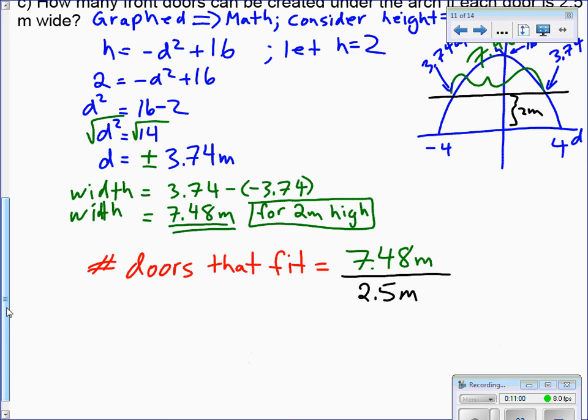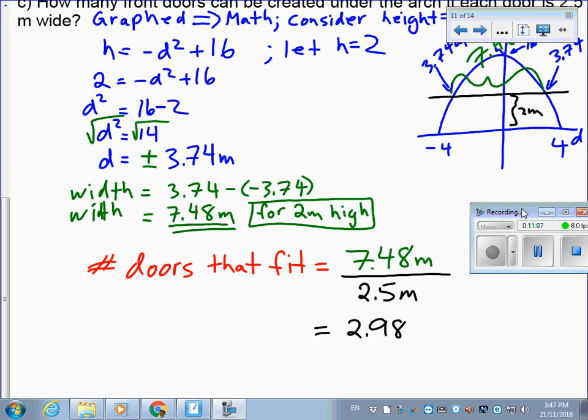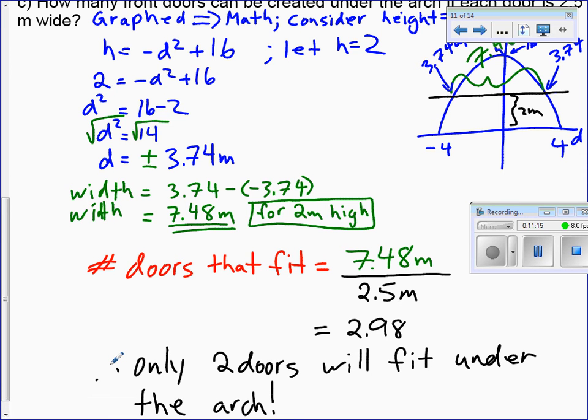And you'll notice that you get something like this: approximately 2.98 doors that will fit. So because we need a full 3 doors to fit, I'm going to say the following. Therefore, only 2 doors will fit underneath the arch. And we're done.